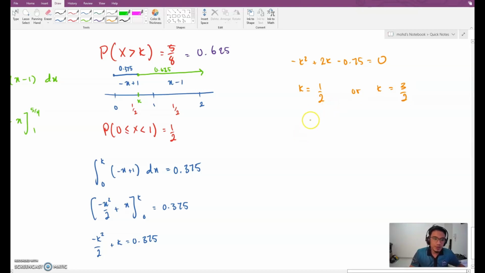So 1 over 2 is 0.5 and 3 over 2 is 1.5. Since we know k must be between 0 and 1, the only acceptable value for k is 0.5, because 1.5 would be in the region between 1 and 2. So that is the answer for the value of k.